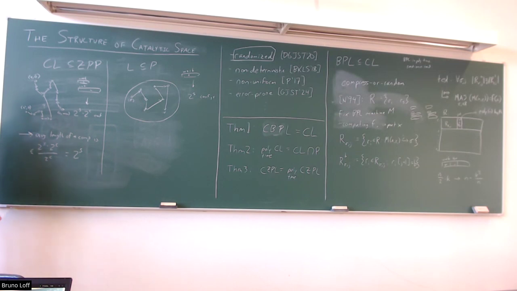So the reason it's not in ZPL is that you can't connect the actual operation of the machine. You don't even have a catalytic tape, like you don't have a poly length to work with, even catalytically, right?